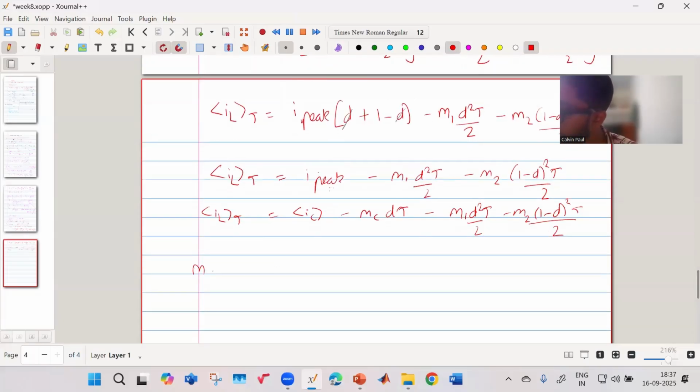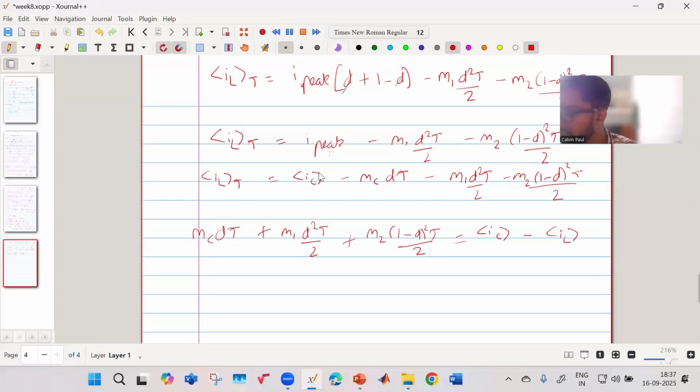So you have your MC into dt plus m1 into d square t upon 2 plus m2 into 1 minus d square t upon 2 is equal to your average IC minus your average IL. Now what should we do?